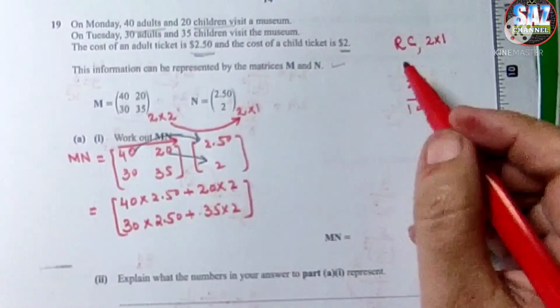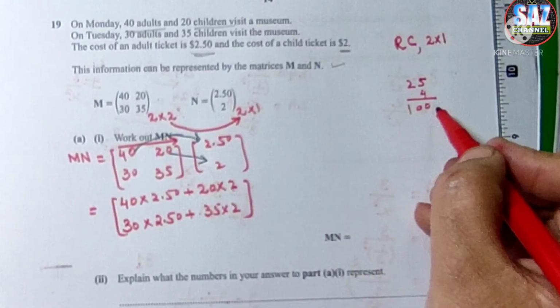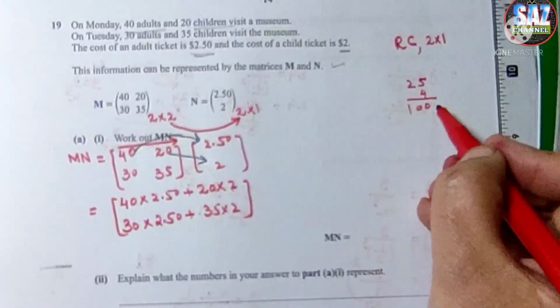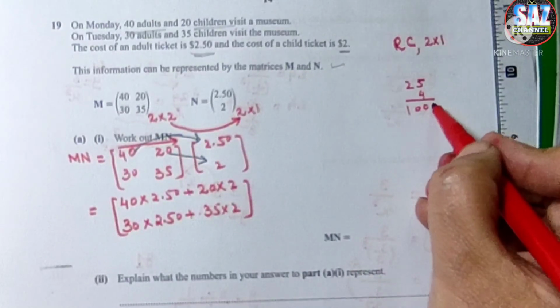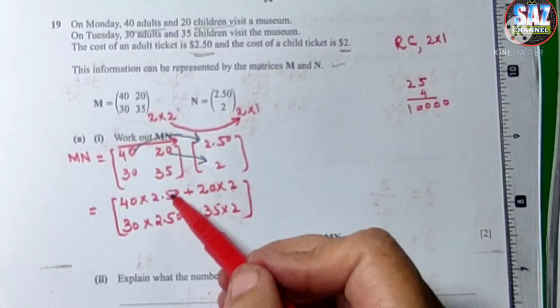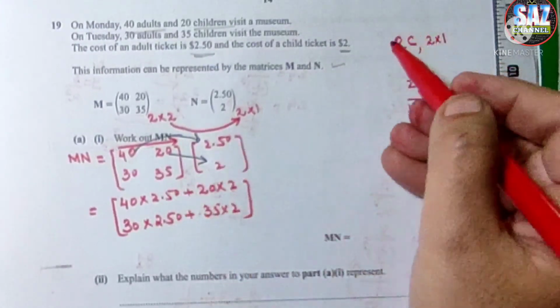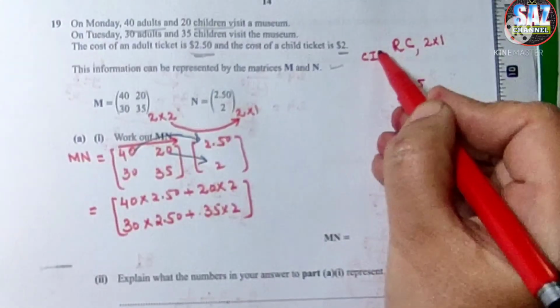Okay, 100, and now this 0 of 40 and this 0 of 2.50 I have left, so I will first place 2 zeros to complete the number of digits in my working, and then I have to apply the CIP rule: count, ignore and place.